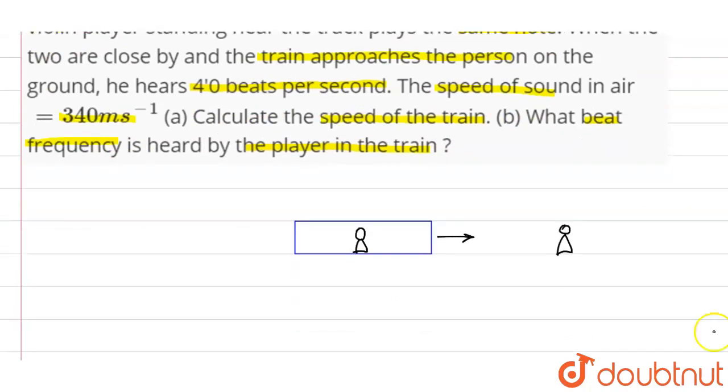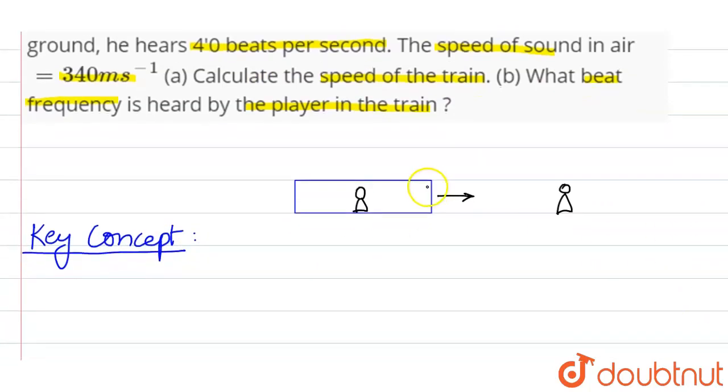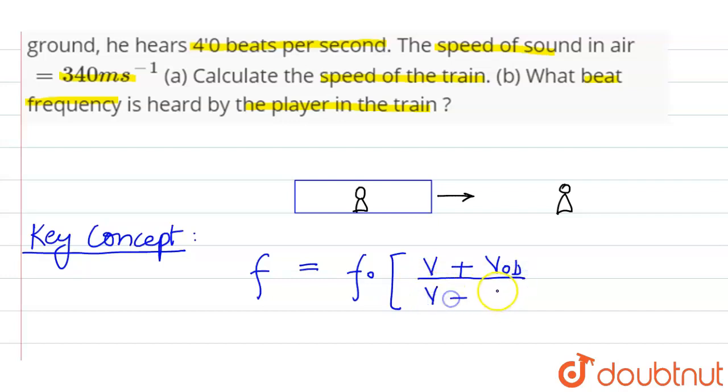Before we solve this question, let us first discuss the key concept. When there is relative motion between the observer and the source of the sound, the frequency heard by the observer is different, and it's called apparent frequency. That frequency is the original frequency times the velocity of sound in air plus velocity of the observer, divided by velocity of sound in air minus velocity of the source.